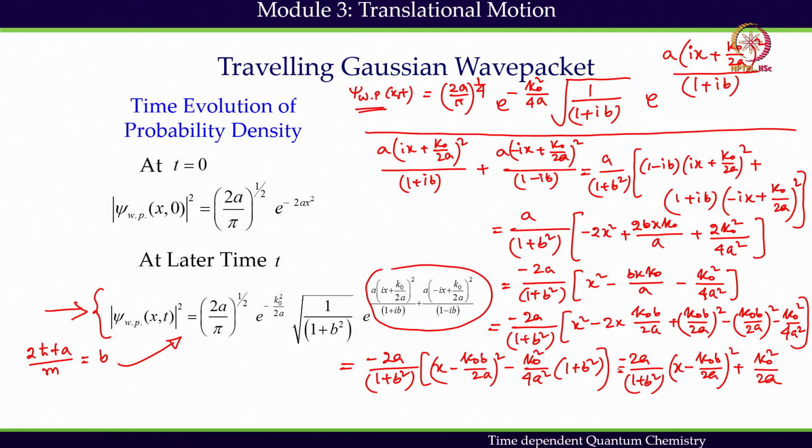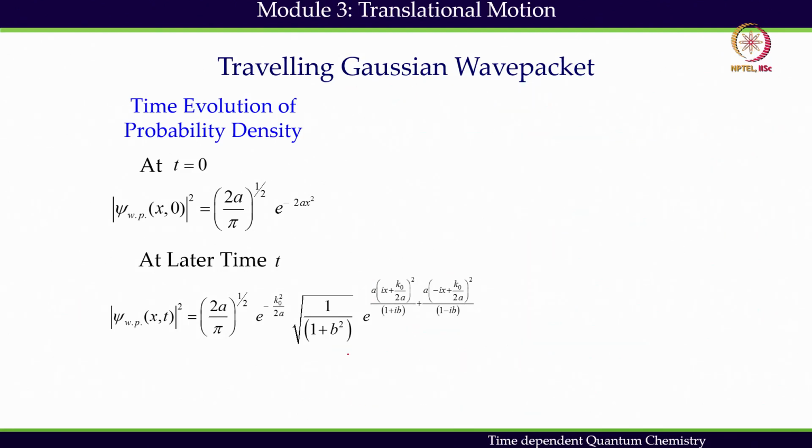So we get this simplification, and we can plug this in here, and we will finally get this form, this Wavepacket form.